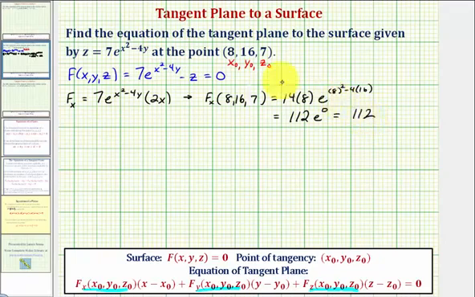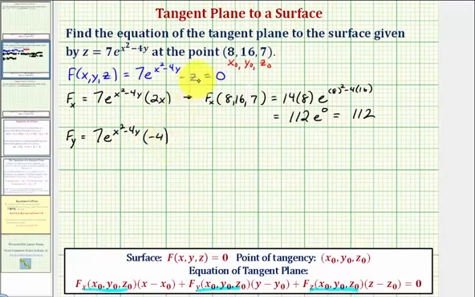And now we'll find the partial with respect to y, treating x and z as constants. So for the derivative of 7e raised to the power of x squared minus 4y with respect to y, we'd have 7e raised to the power of x squared minus 4y times the derivative of x squared minus 4y with respect to y, that'd be negative 4.